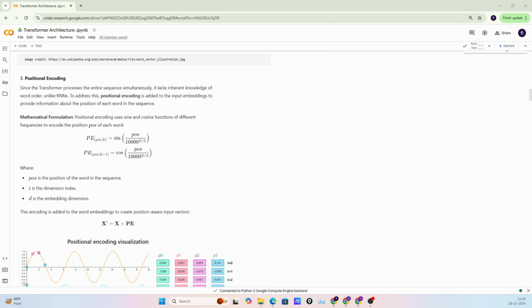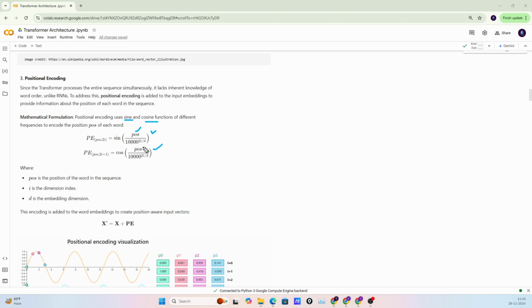In the original transformer, we use sine and cosine functions. If the word is at an even position, we use the sine function; if the word is at an odd position, we use the cosine function.